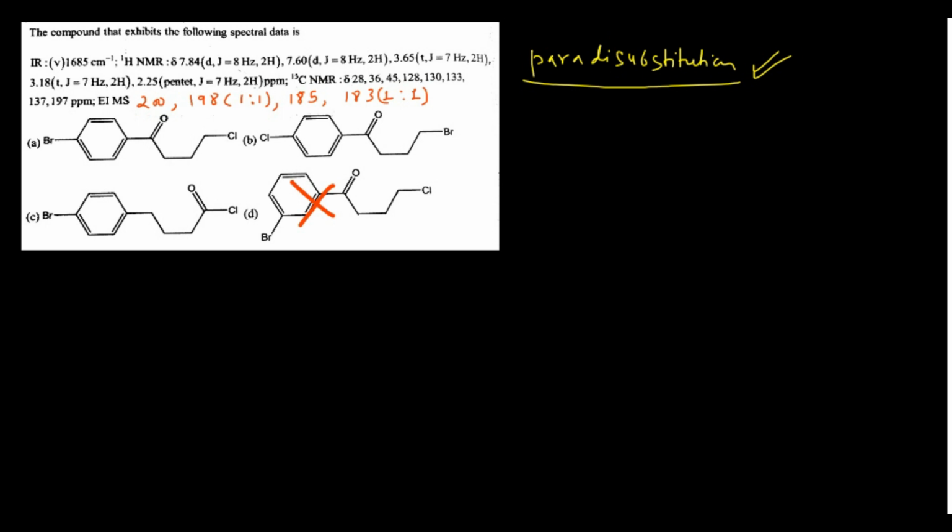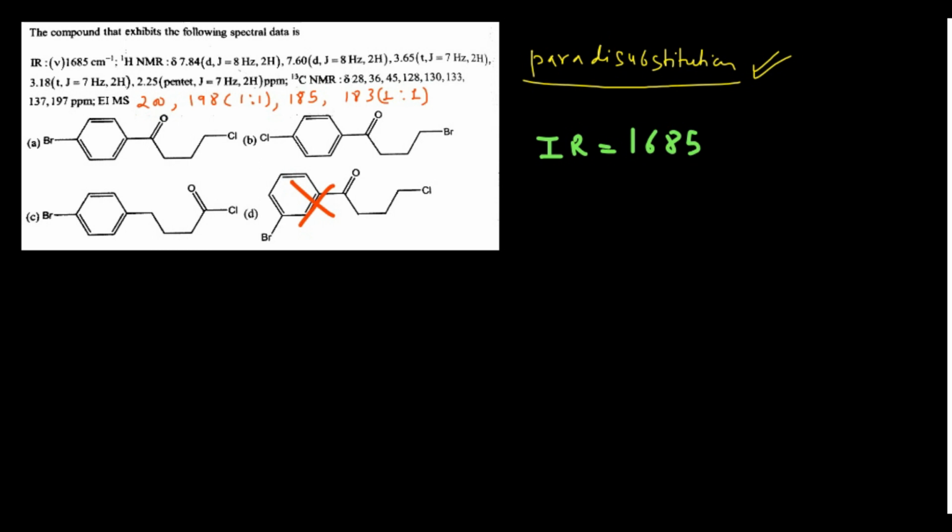See, the other options are quite tricky and quite close, but you have to look at the spectral data very carefully. So here a very important hint is that in the question your IR value is given as 1685. So let me correct it. It is given 1685, right? And see, near about 1700 you have your ketone value.